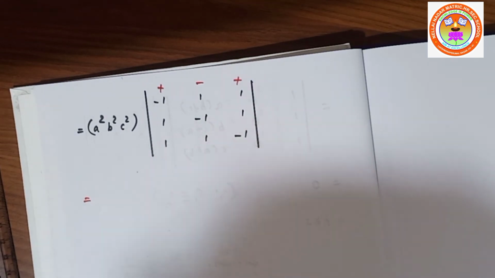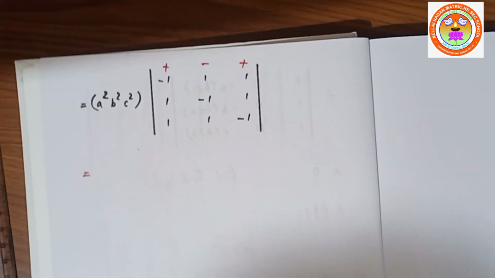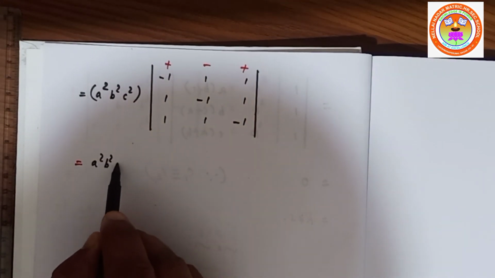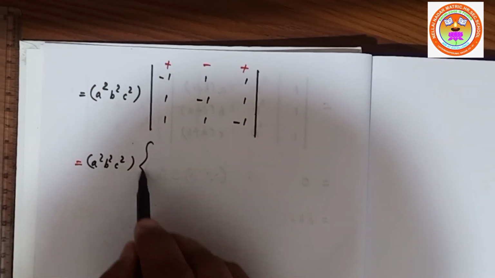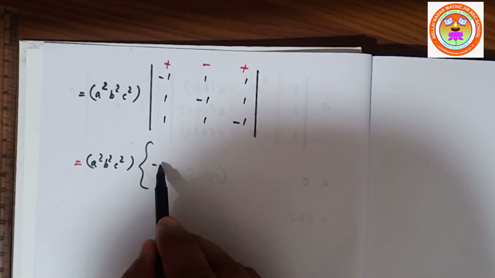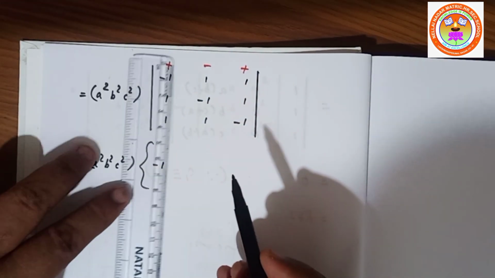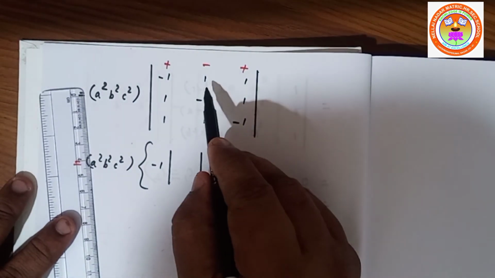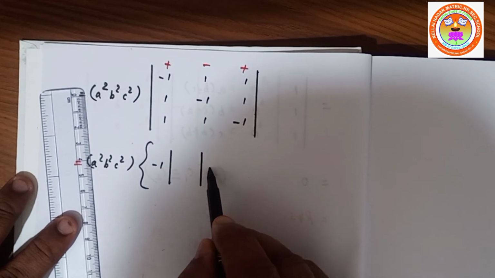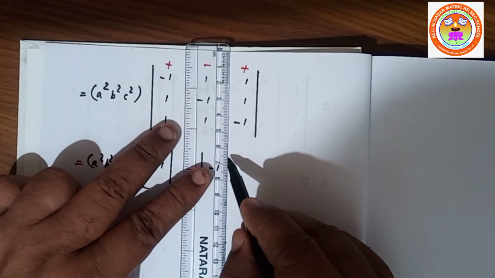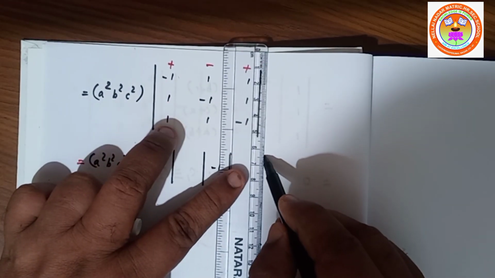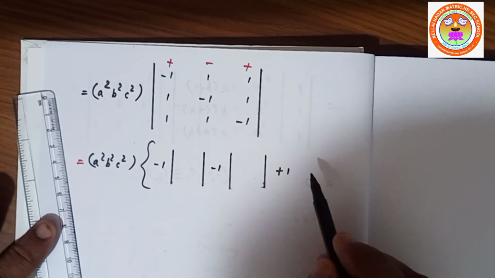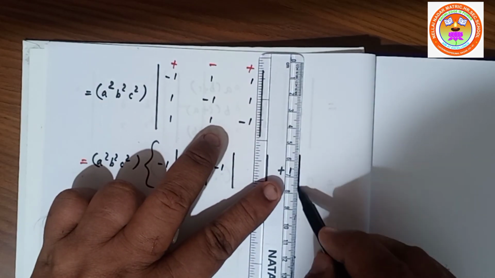So write this A squared, B squared, C squared as it is, into, write this minus 1 into 2 by 2 minor, then minus into 1, minus 1, again minus 1 into another 2 by 2 minor, at the last plus 1 into another 2 by 2 minor, then close the bracket.